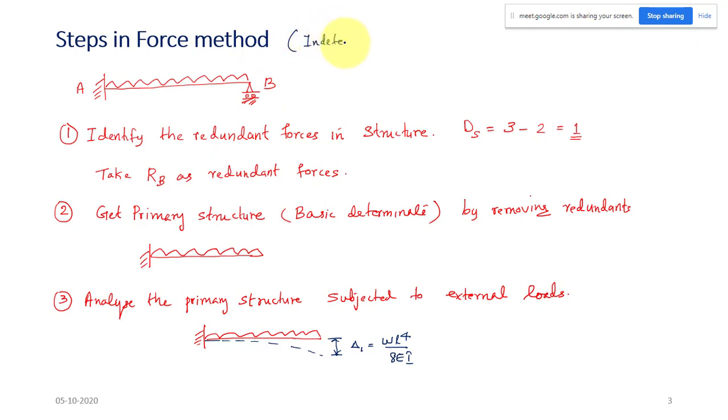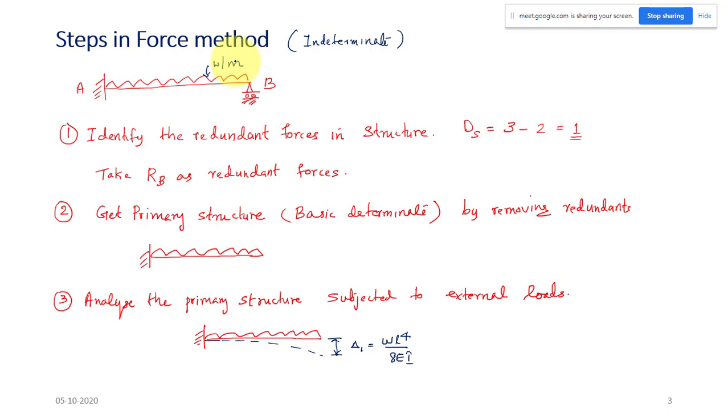Statically indeterminate structures. So I have taken a propped cantilever beam. We have a fixed support at this point and a roller support at B, and we have some loading, a UDL of W per meter. So we are going to analyze this statically indeterminate structure by using force method.